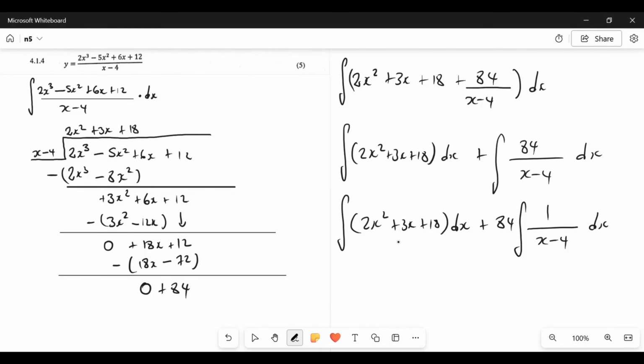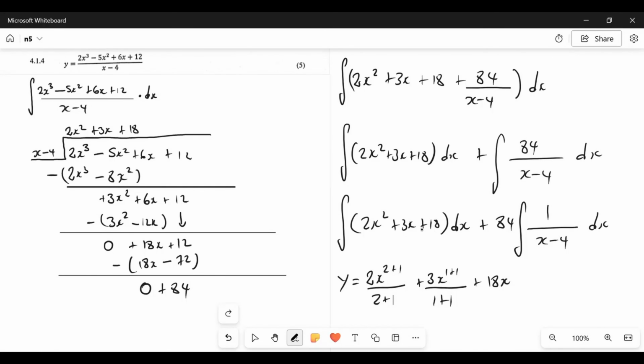Then from here, we can start integrating. So the integral of the first one here is going to be 2x to the power 2 plus 1 divided by 2 plus 1. Plus we have 3x to the power 1 plus 1 divided by 1 plus 1. And then we have plus 18x.